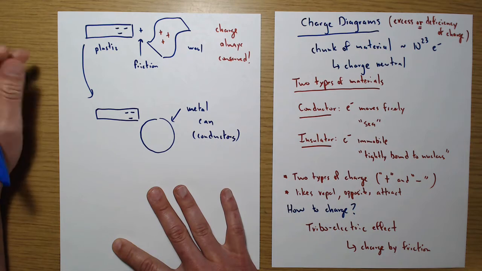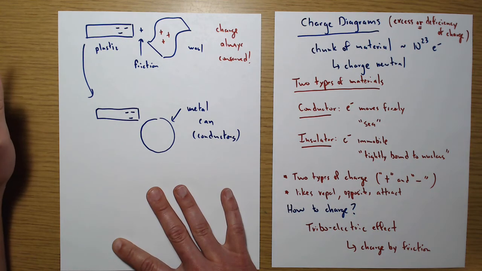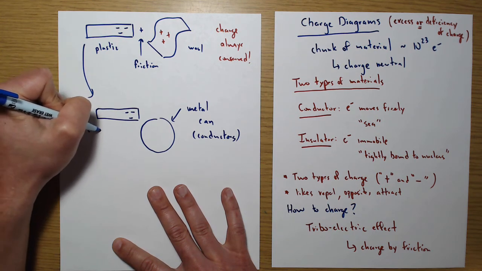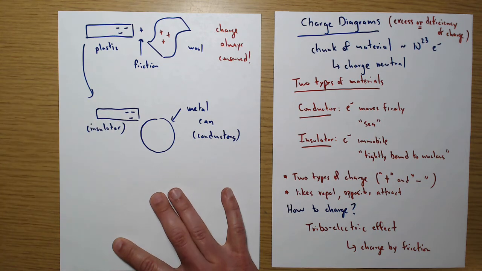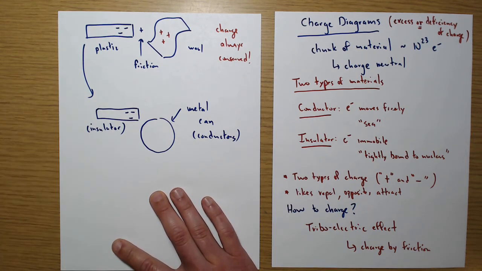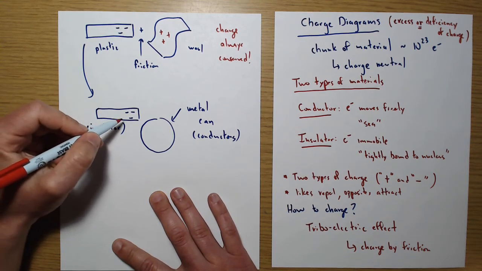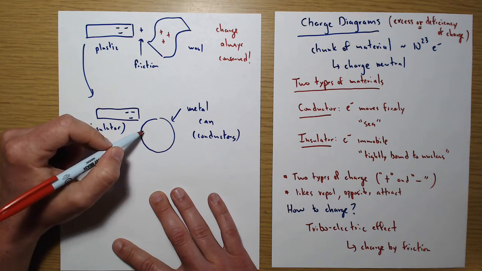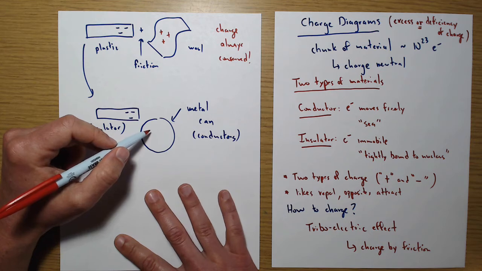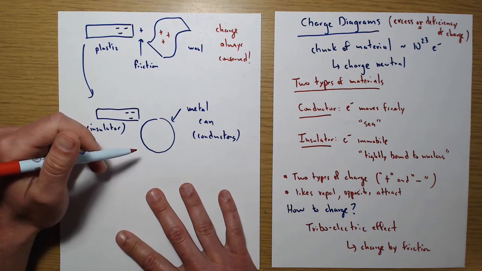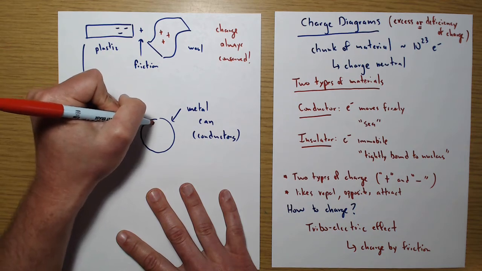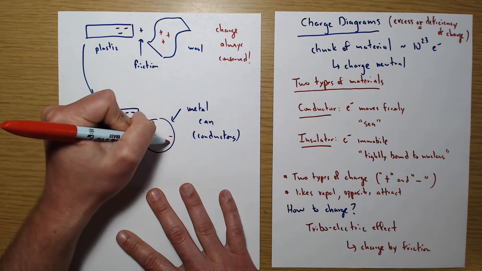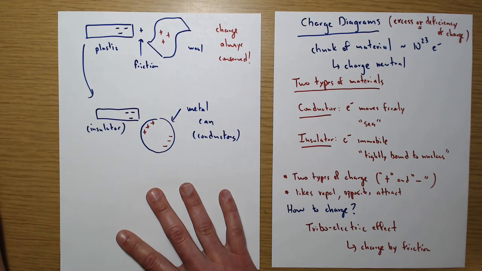A conductor is an object that allows electrons to move freely, and the plastic is an insulator. So what happens when I bring the negative plastic rod, which is an insulator, towards the conductor is there's a bunch of electrons that are already close to the edge, but they're going to get pushed away by the plastic rod, and in their place are just left some positive holes, so to speak, and those extra negative electrons move over to this edge.